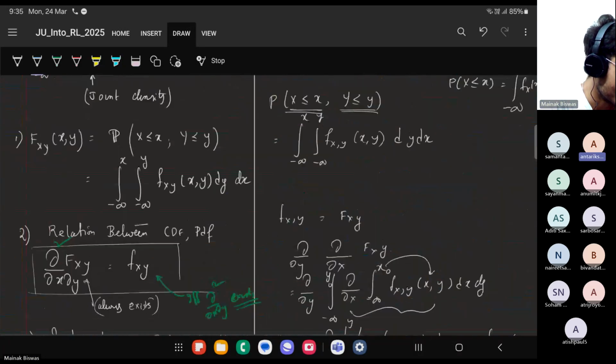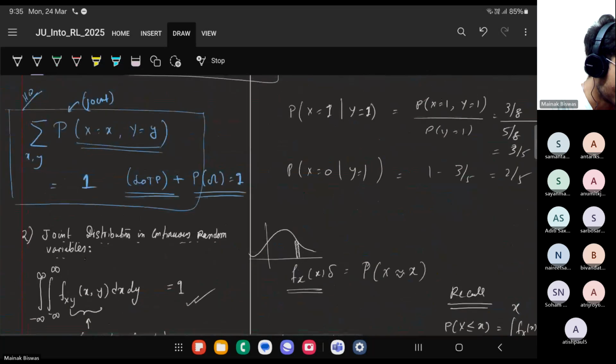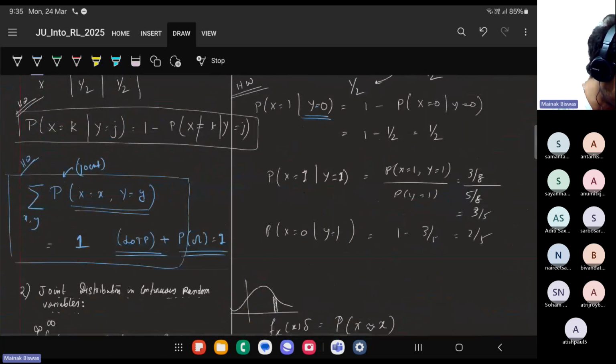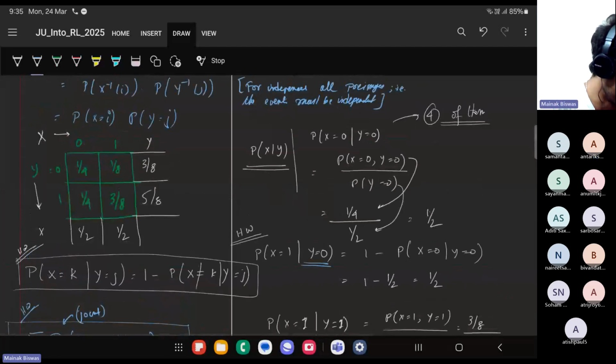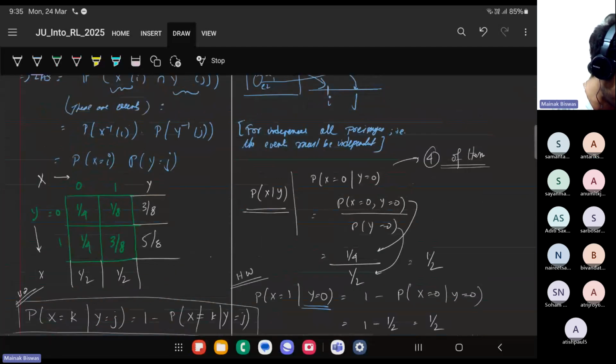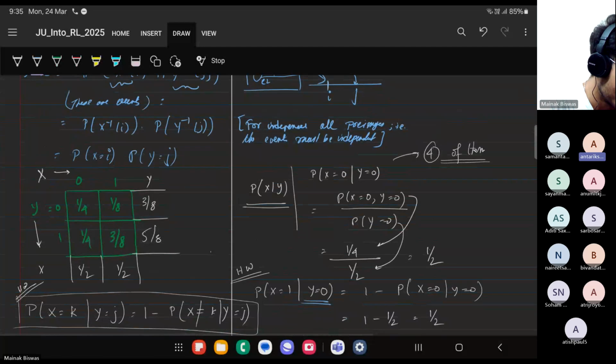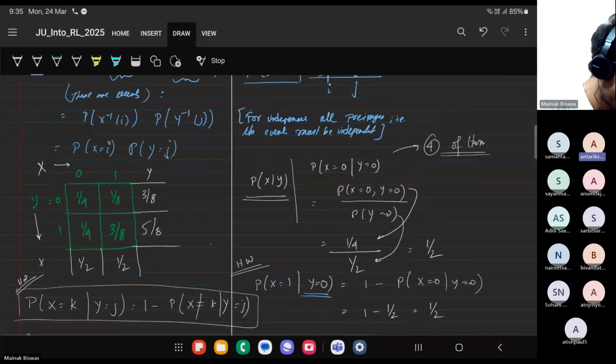So I just want to point out that it's wrong. In the previous one, here, we were trying to find x given y. So for x given y equal to 0, it would be 2/3, and for the other value, it would be 1/3. It was wrong. This is right.